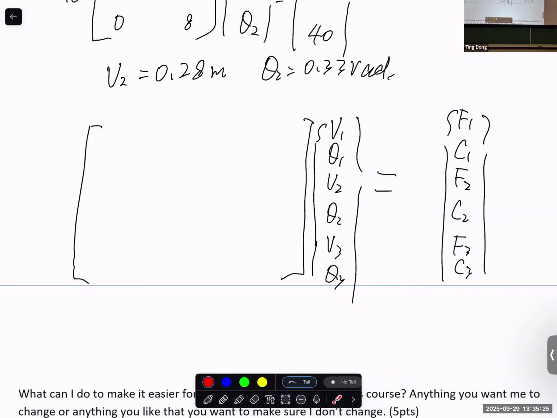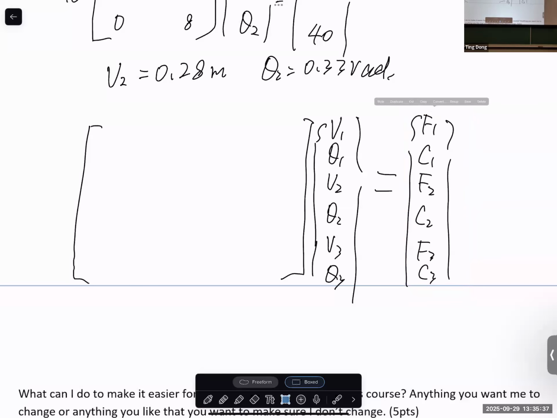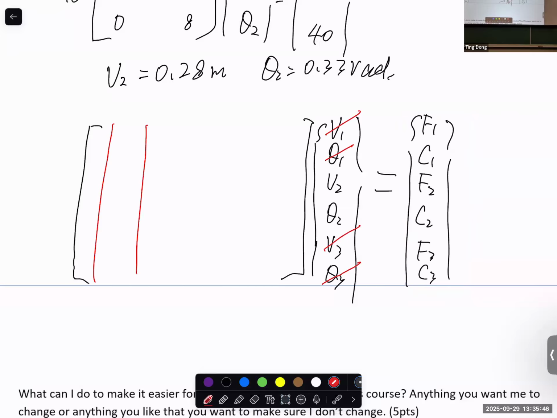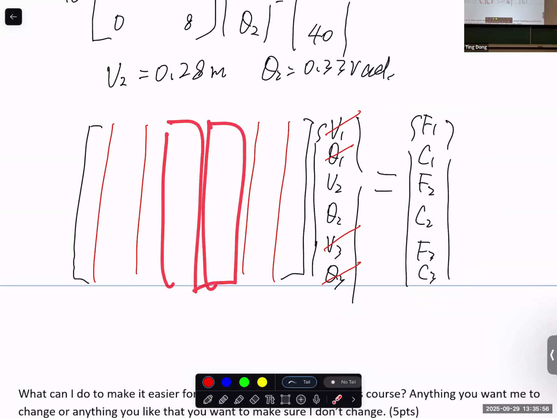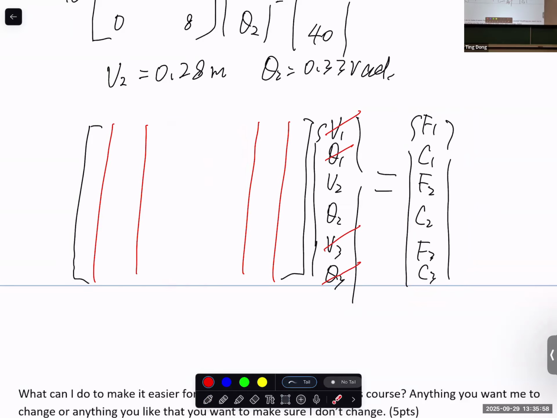It doesn't mean that you need the 6 by 6 components to calculate F1 and C1, F3, C3. Because if you are very familiar with matrix vector multiplication, you know that these are 0. So whatever is in the first and second column and the 5th and 6th column doesn't matter. We only need the 2 columns, basically 12 components, for calculating everything.